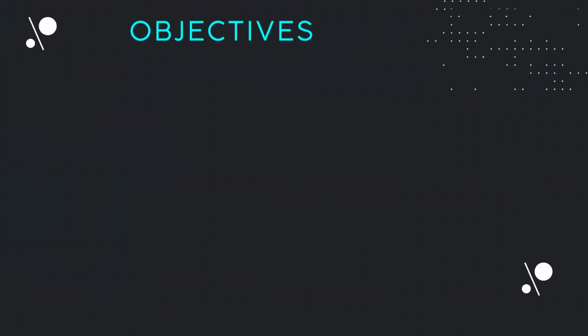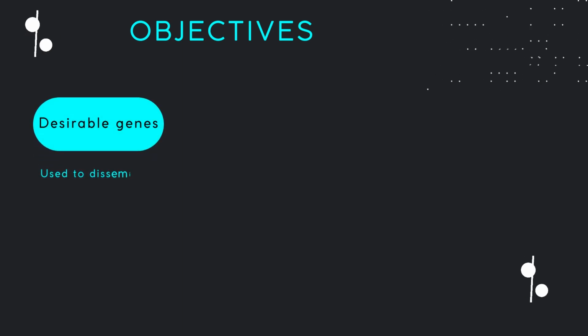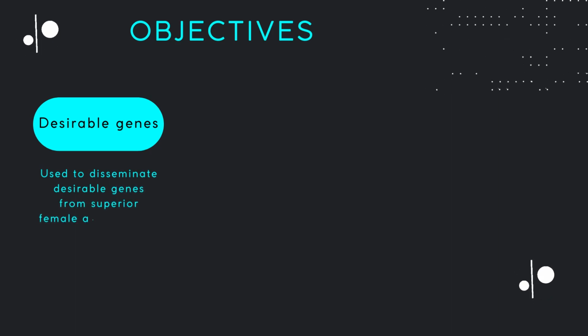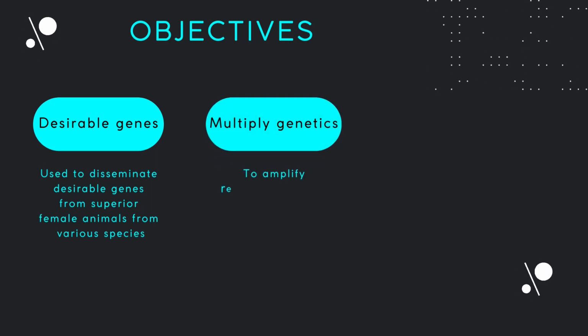Next, we are going to move to the objectives of embryo transfer. The first one is to obtain desirable genes. Embryo transfer is used to disseminate desirable genes from superior female animals of various species. The second one is to multiply genetics.